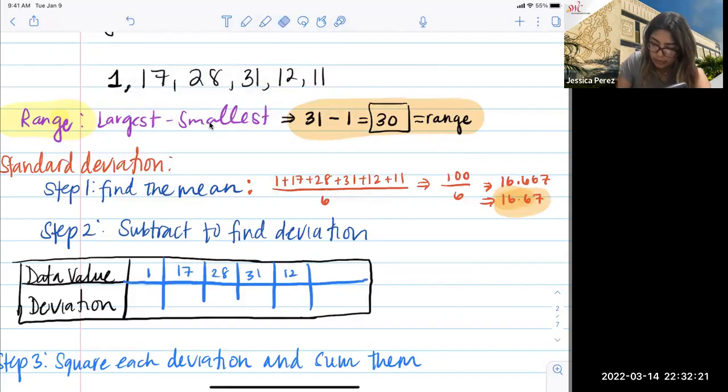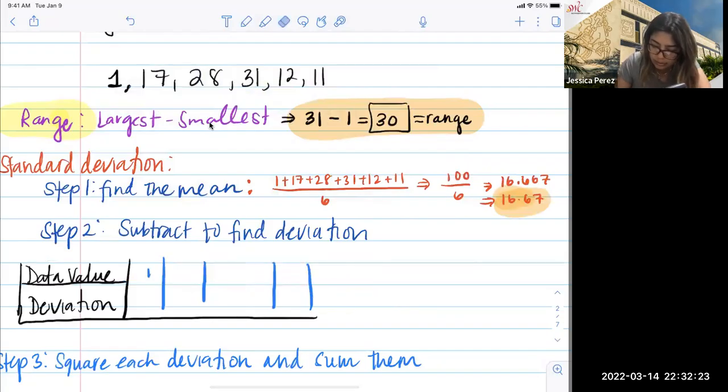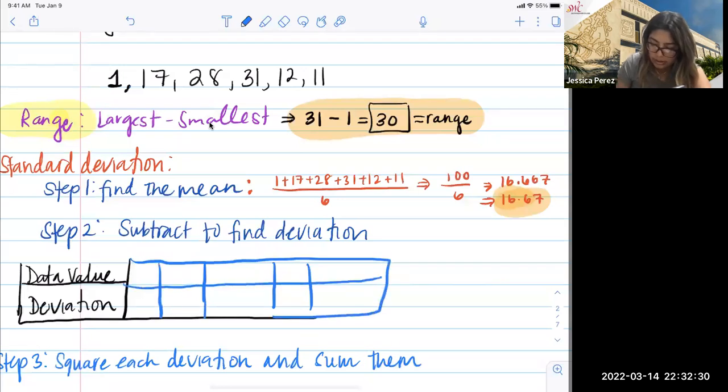I could put these in order, smallest to biggest. So I'm going to put 1, and then the next number is 11, and then 12, and then 17, and then 28, and then 31.